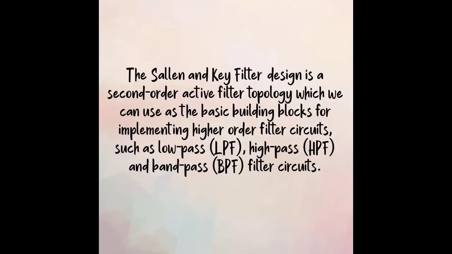Sallen-Key filter design is a second-order active filter topology which we can use as the basic building block for implementing higher-order circuits such as low-pass, high-pass, and band-pass filter circuits.